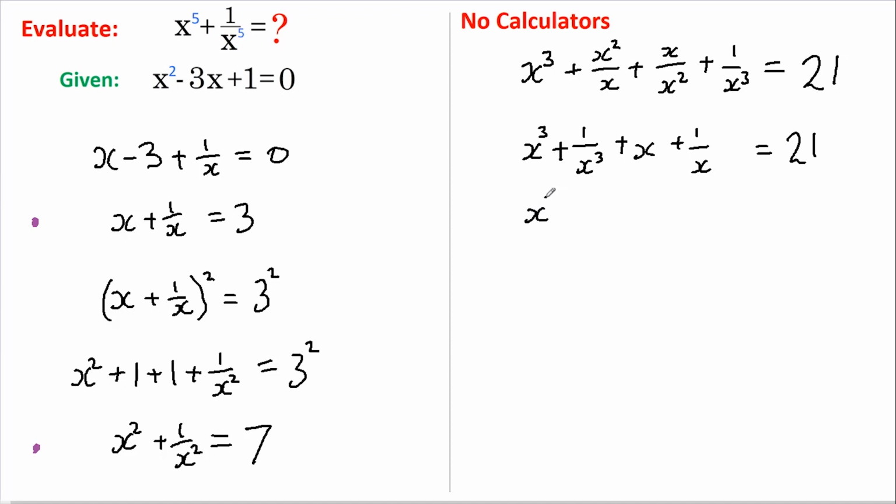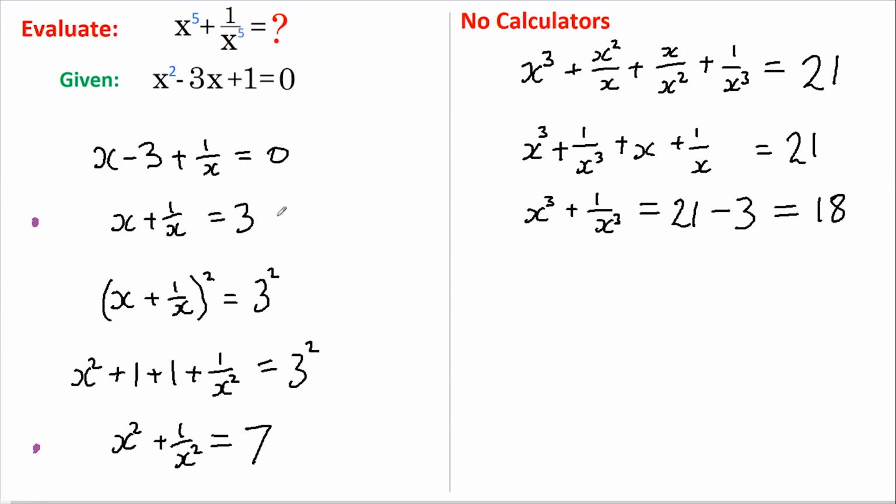Therefore, x cubed plus 1 over x cubed equals 21 less, now I'm going to take this over to the right hand side, but we know what this equals. x plus 1 over x equals 3. So this becomes less 3. In other words, it's 18.